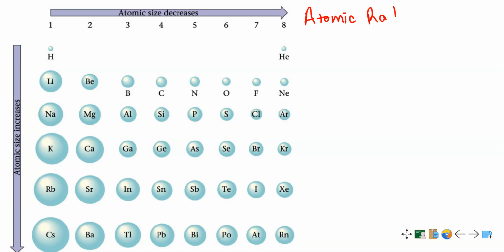Okay? And the radius is actually when we take two elements. So let's say we have two nitrogens. Well, hold on, let me redraw that because this will make more sense.